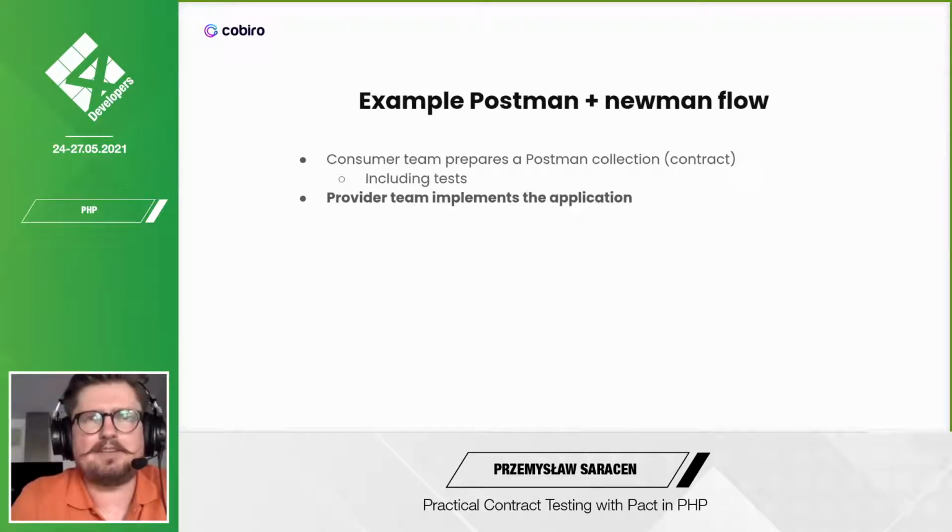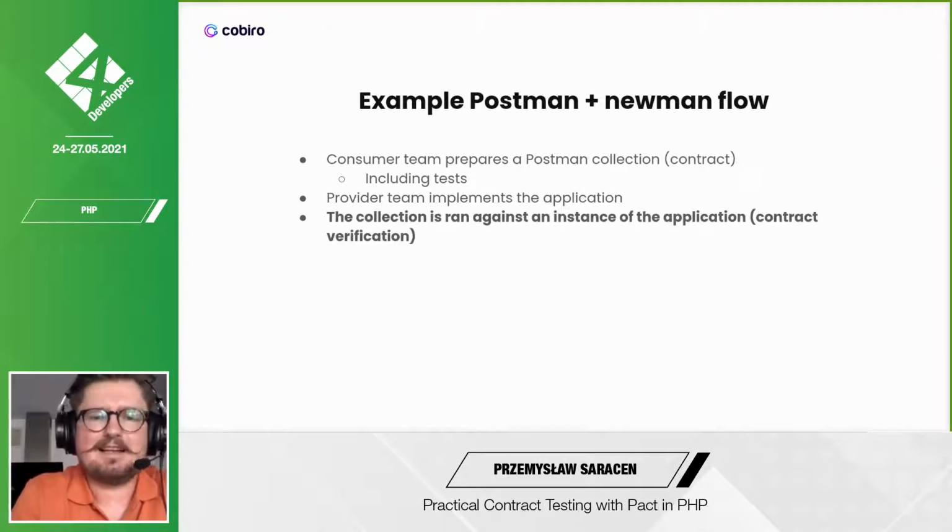Then, when we have this set of expectations in the form of this contract, the provider team can implement their application, so it will conform to the contract. They can test this application by running the collection prepared, for example, by using Newman, by integrating it into their continuous integration process.